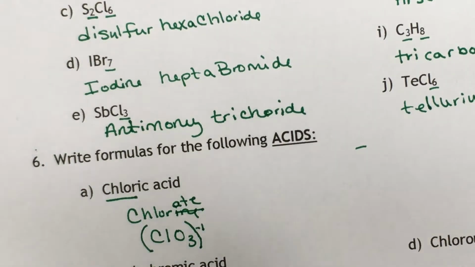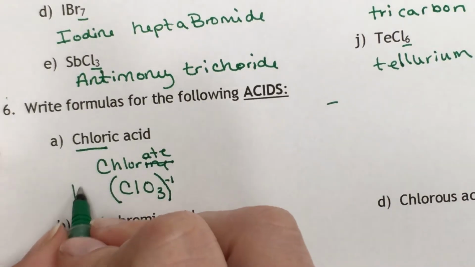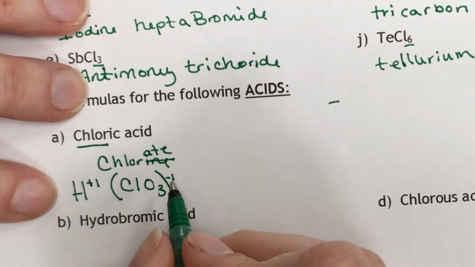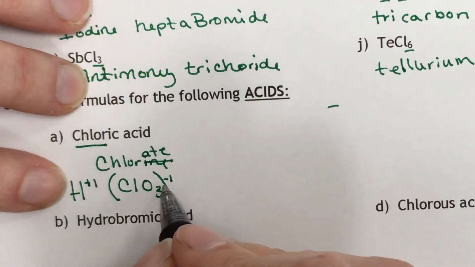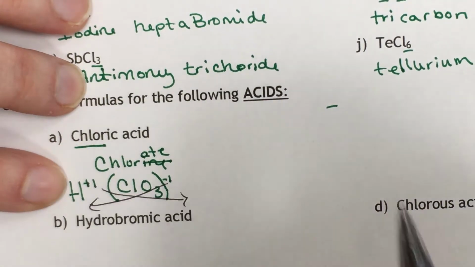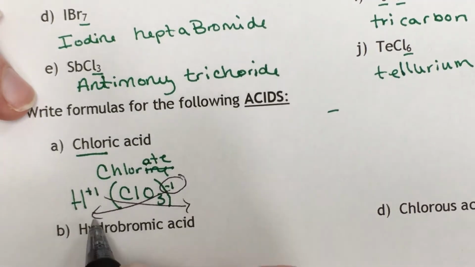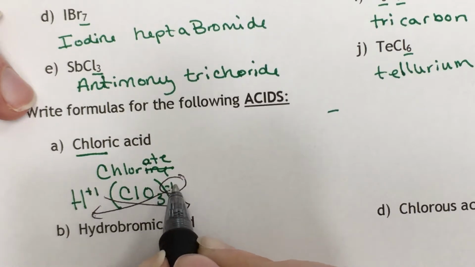In the formulas that we're writing, it's always going to start with an H+1, always, okay? So in this case, we're going to basically just bring down our charges like we did with the ionic namings. And here you're going to see a pattern. Whatever this is, that's really the only thing we're going to change, because all of our cations are hydrogen, they're all +1 charge, so we don't really write anything here.